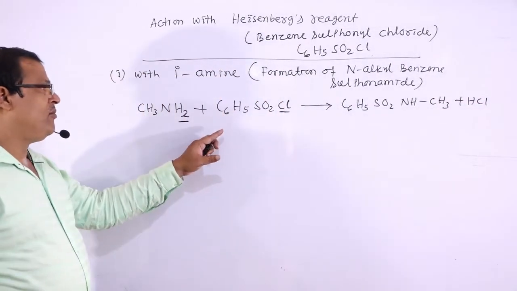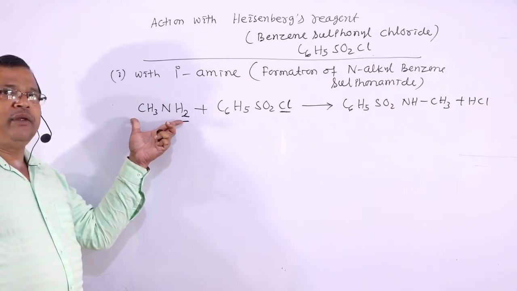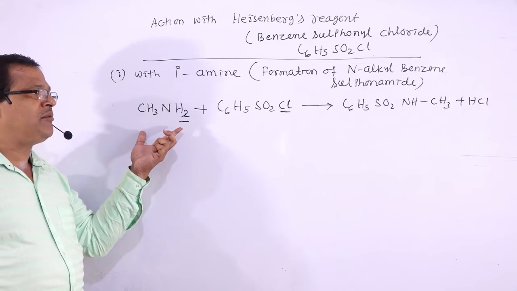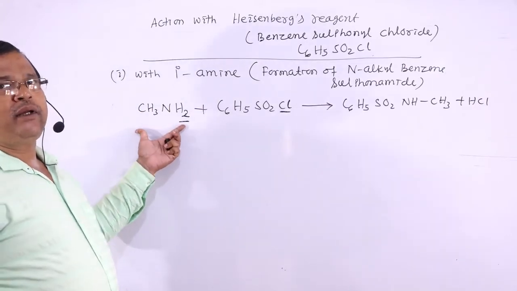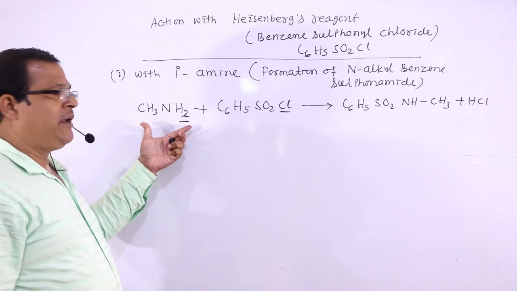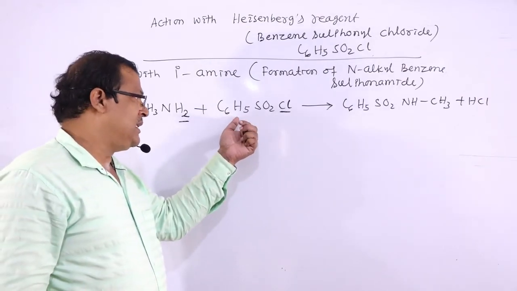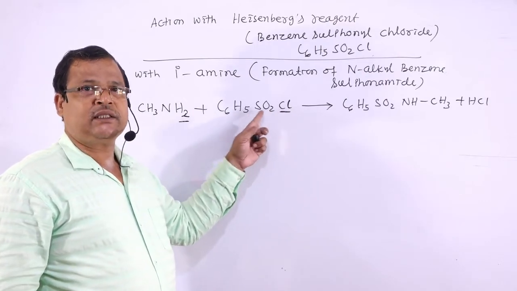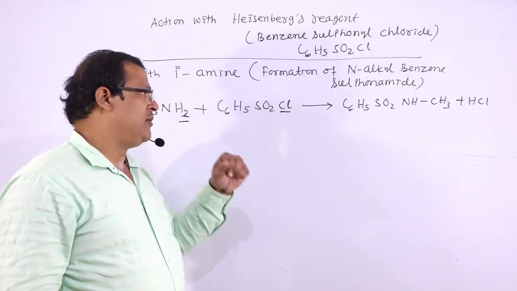Mark the reaction. This is methylamine, a primary amine, or you can take C2H5NH2, ethylamine, any type of primary amine. I have given methylamine, which reacts with benzene sulfonyl chloride, C6H5SO2Cl.